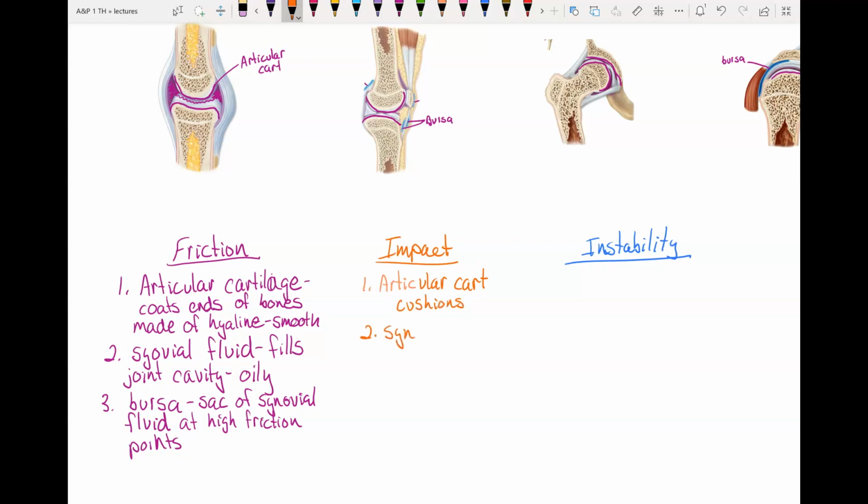Also the synovial fluid. Think about if you're in the swimming pool and you're underwater and you try to punch somebody. You can't really punch somebody underwater. The water is a cushion. It's the same in your joints. You have all this fluid in your joints, and that cushions so the bones don't hit together so hard.